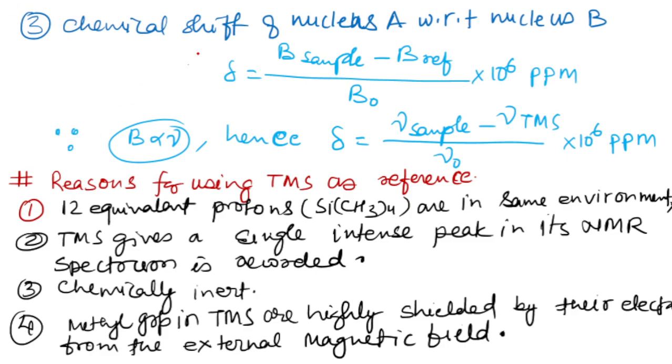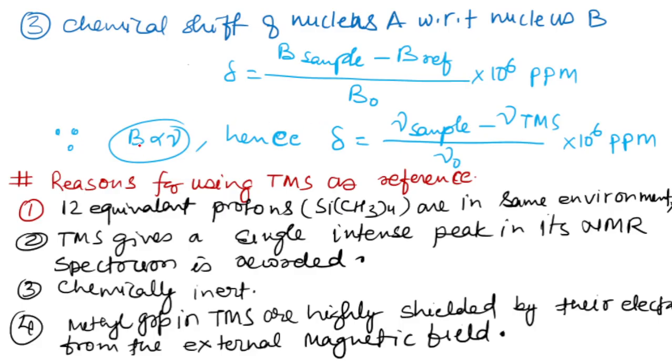So the chemical shift of nucleus A with respect to nucleus B: this expression, delta, the chemical shift, is equal to B sample minus B reference upon B0, into 10 to the power 6 ppm, parts per million.